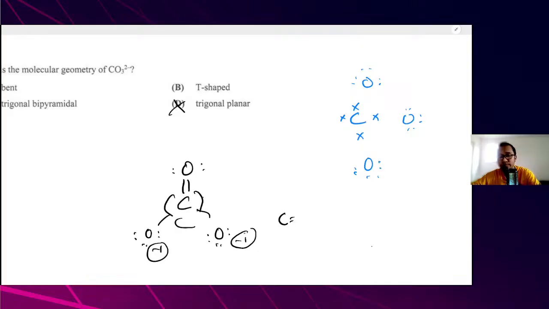CO3. So the stable Lewis structure is yes. That's true.